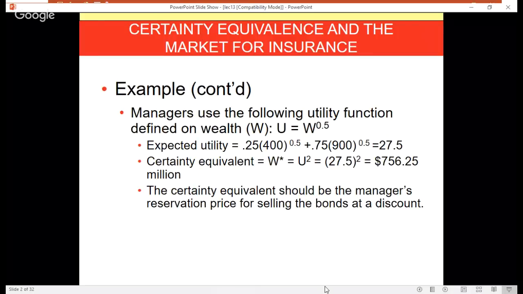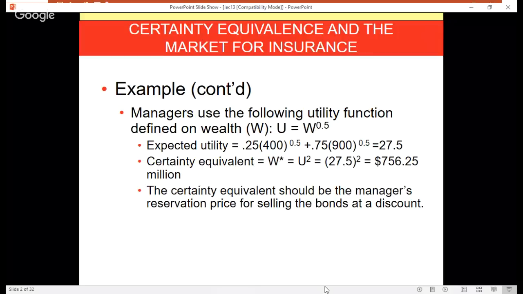That's the expected value. Now, suppose this manager has the following utility function. I can write that utility function as just the square root of W, with the coefficient in this case set to 0.5. So the expected value is 775 million, but the expected utility in this case is 0.25 times the square root of 400 million plus 0.75 times the square root of 900 million.